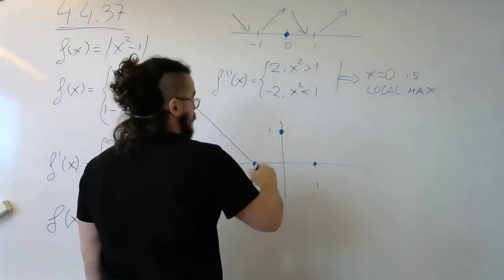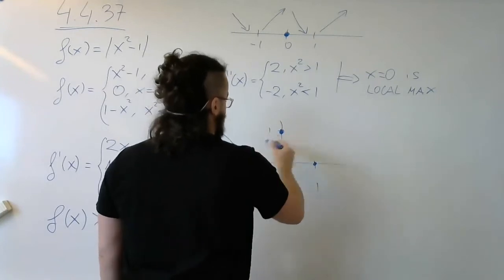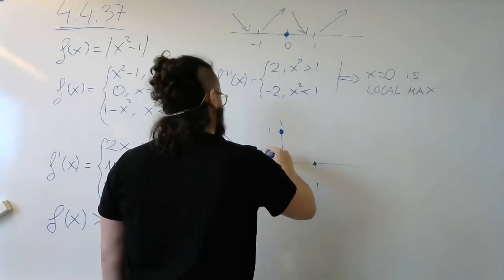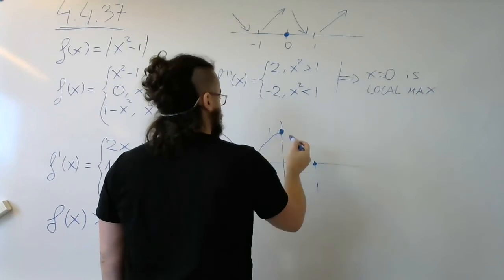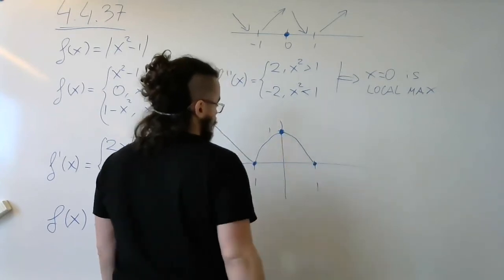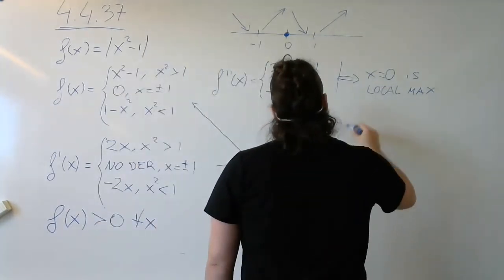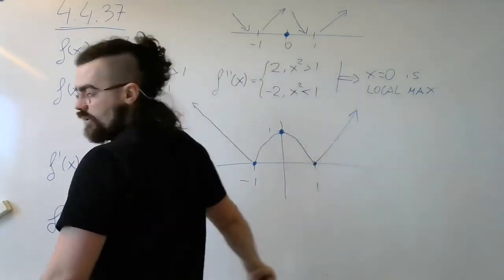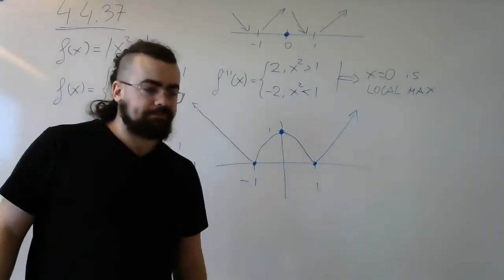It has a peak here, but here the tangent is horizontal. So the function does something like this. It goes down again, and it goes up again. So this is your function.